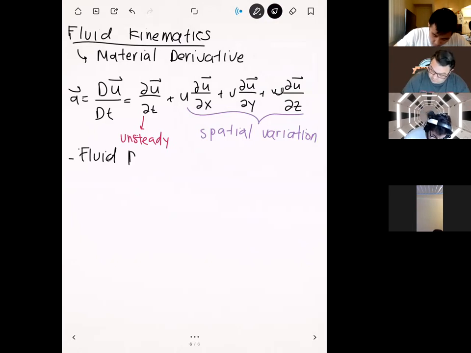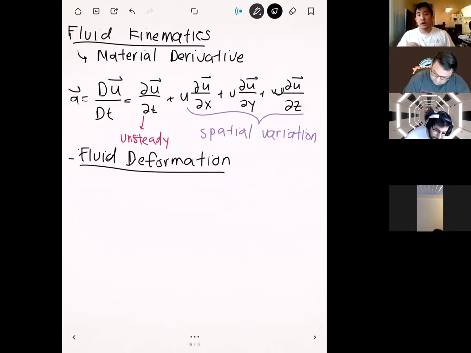But let's talk a bit more about fluid deformation, because we haven't really talked about it yet. We've stated how fluid can flow, but flow, as you know, is a very, very complex motion.